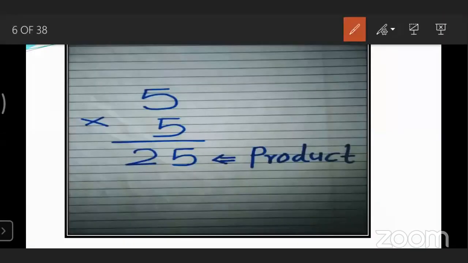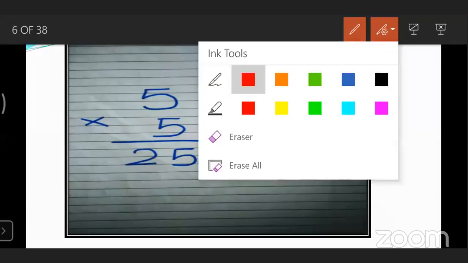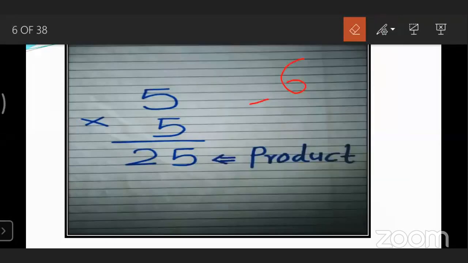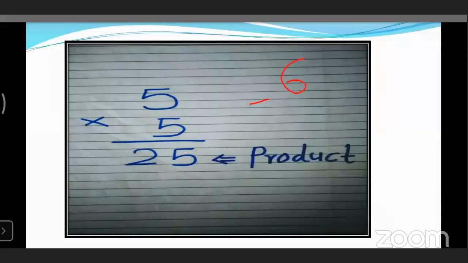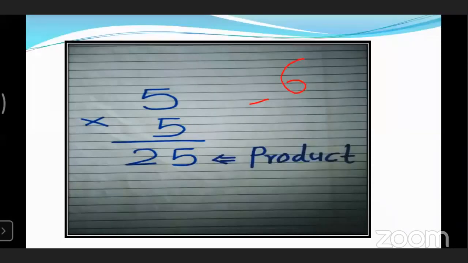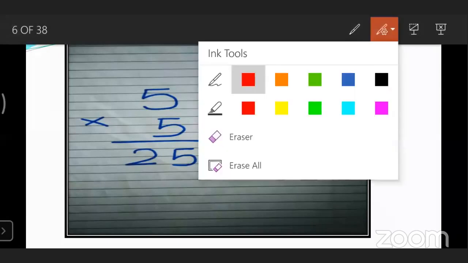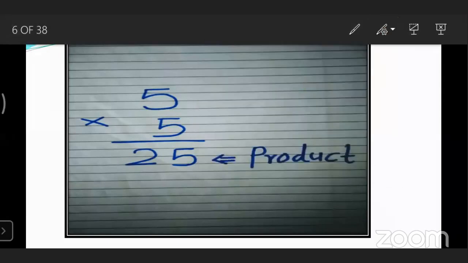Now let me ask one more question. Can you see which number it is? 6. Yes, very good. Which is the sign?